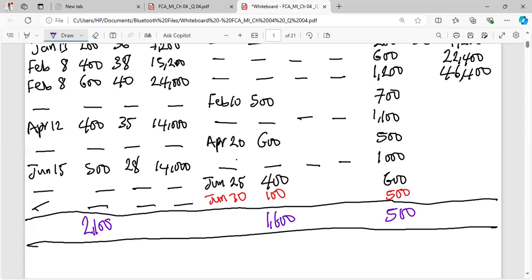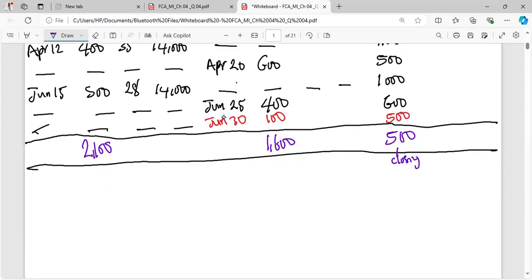So this is your closing stock. Then this is your cost of sales. This is your cost of sales, COS figure. And this is your purchase.